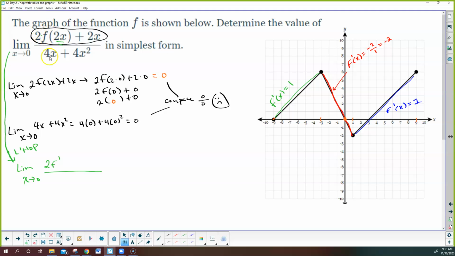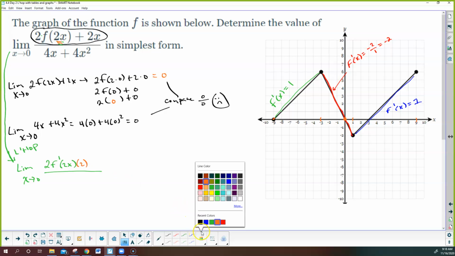I'm going to take the derivative of f, which is f prime. We're going to keep the middle, or the inside, but then I have to do the chain rule. So I have the derivative of the inside piece, and the derivative of 2x is just 2.